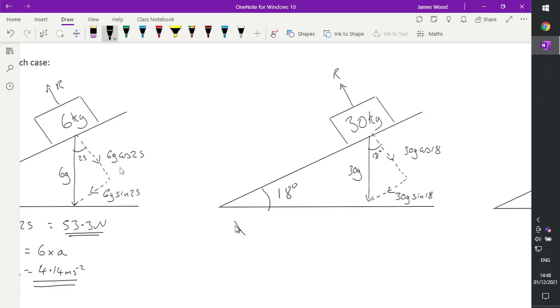So resolving perpendicular to the slope, I can either write R minus this equals 0, or I can just go straight ahead and say R is equal to 30g cos 18, because it is not accelerating away or into the slope. So that is 30 times 9.8 times cos 18. So that's 279.6.